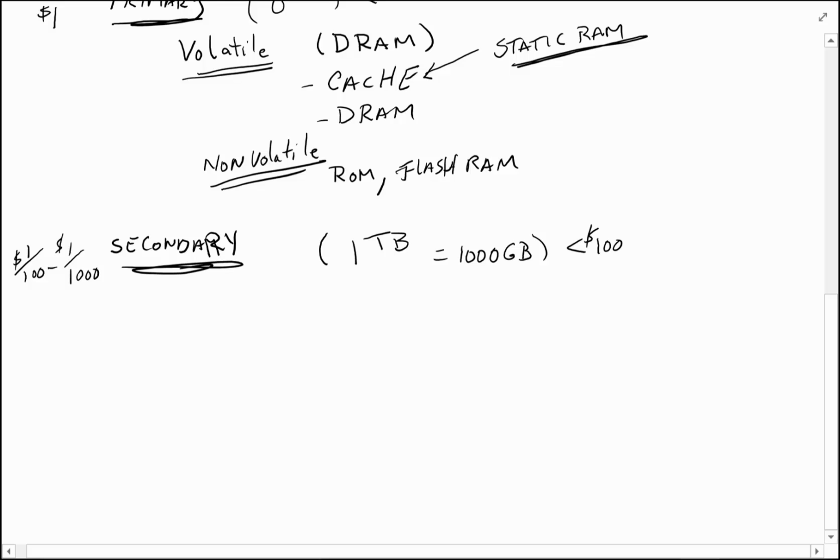Even the USB jump drive, the flash drive we use, is considered secondary memory, because the program cannot execute out of there. It's got to be brought into either the static RAM, which is the cache, or the dynamic RAM before it can be used.